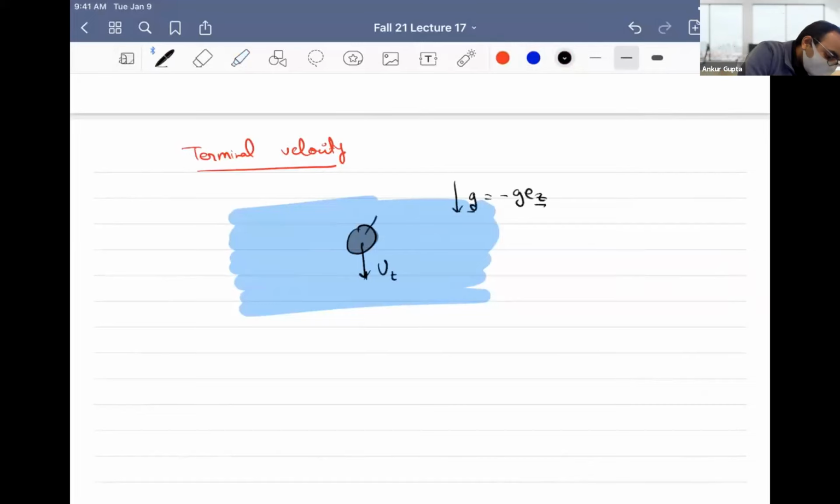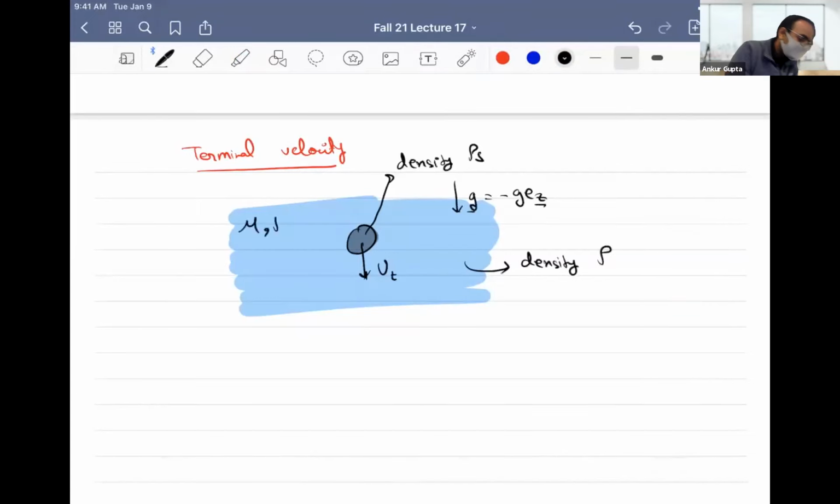The density of the solid is rho s, and the density of the fluid is rho. If it is falling through this viscous medium of fluid, it attains a terminal velocity. How many of you have seen this terminal velocity before?